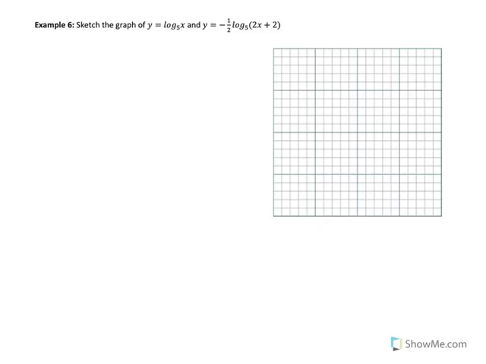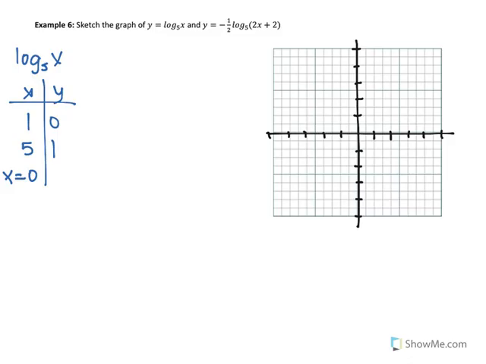Same thing. So let's graph log base 5 of x. So our points that we're going to graph are (1, 0) and (5, 1), and our asymptote is at 0. So here is our graph.